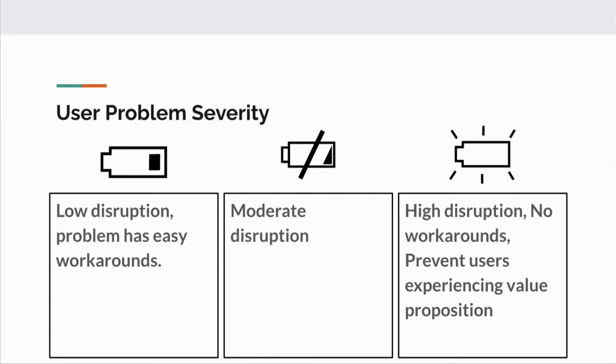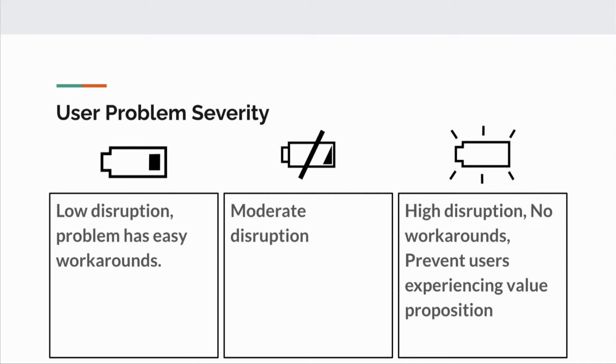And then we can look at user problem severity. In our first video, we discussed the user problems, that is, how we can list them out. So user problem severity will help us. Low disruption: problems have an easy workaround, and we can quickly fix them.